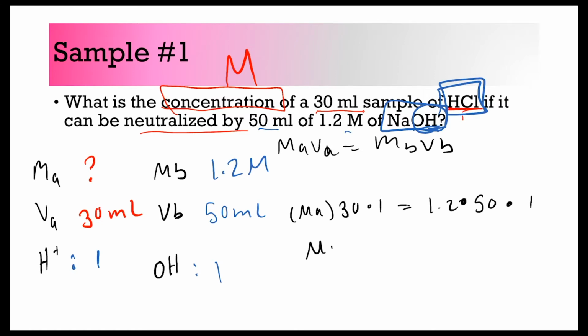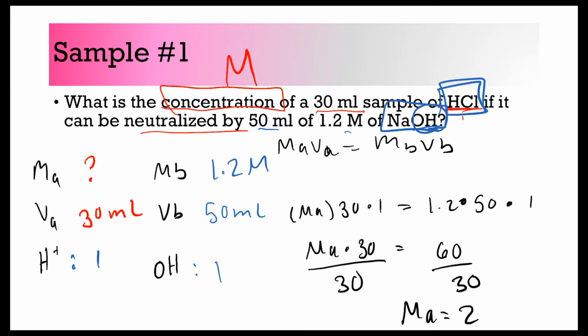You get Ma times 30 equals 60. To get Ma by itself, divide both sides by 30. Ma is a 2 molar solution. And that's it.